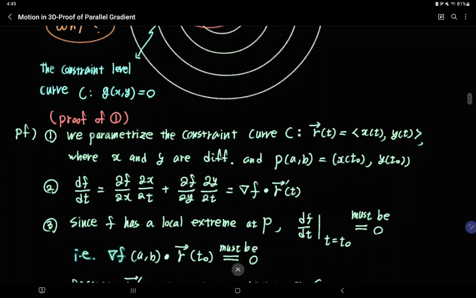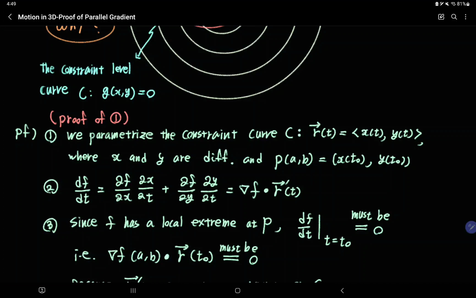First we parameterize the constraint curve C. Here we assume that g is smooth, so the constraint curve is smooth. That means the curve can be expressed by a parameterization r(t) = (x(t), y(t)), and x and y must be differentiable.